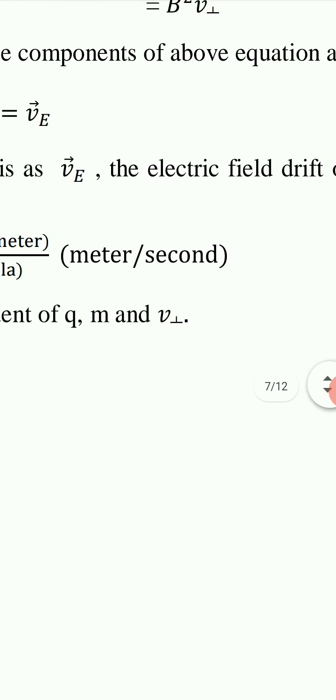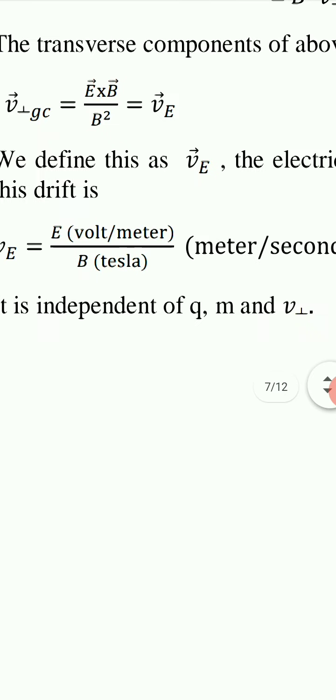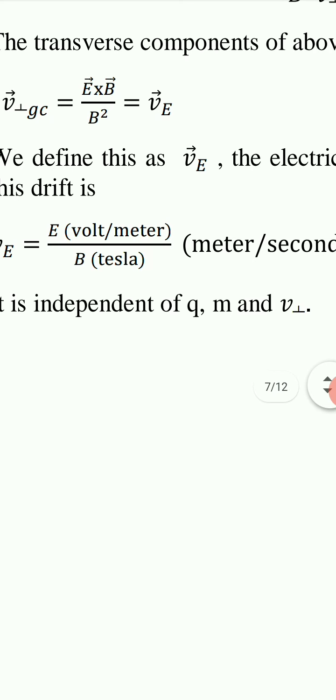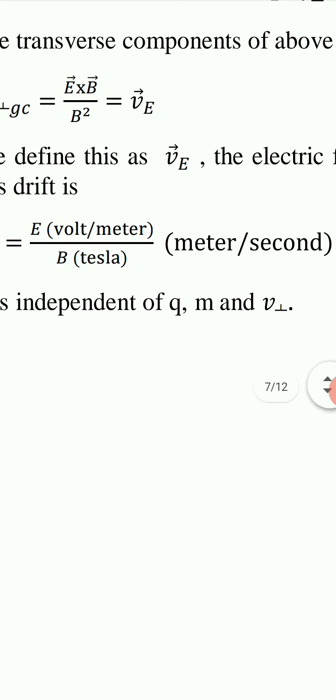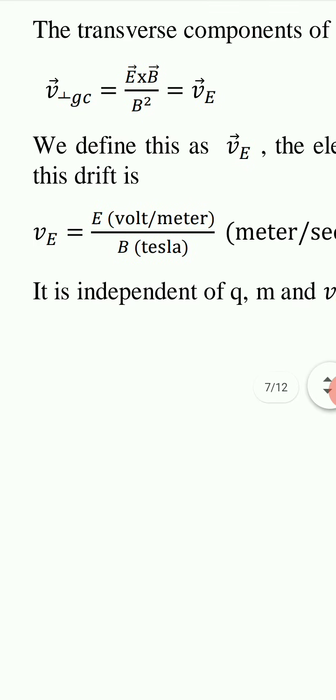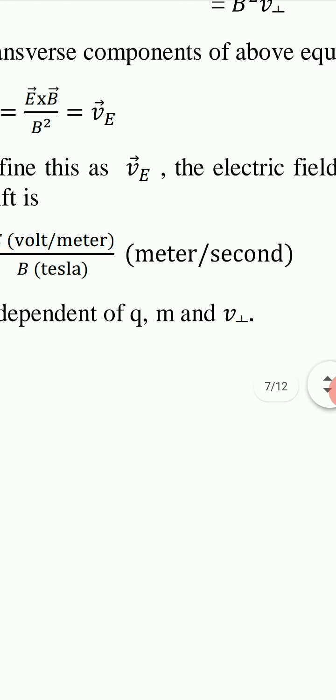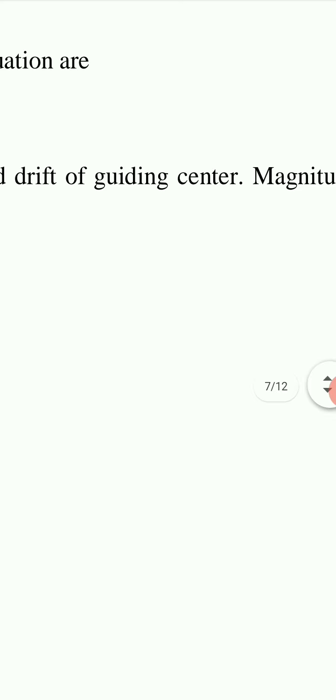It is the velocity of guiding center due to the presence of electric field. So we write it as VE vector, E for electric field. So the velocity of guiding center is VGC and it is equal to E cross B upon B square, and we write it as VE vector. We define this as VE, the electric field drift of guiding center.